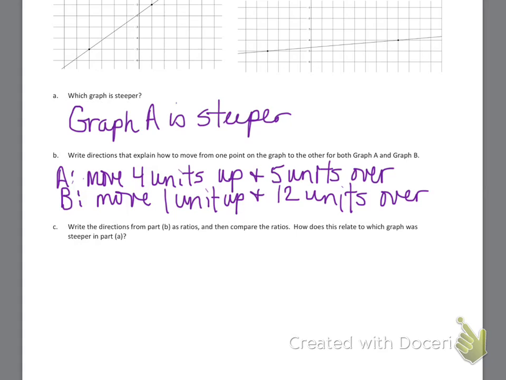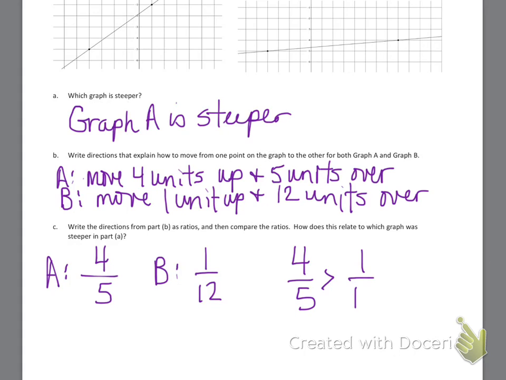Okay, now we're going to write the directions from part B as ratios. So for graph A, we would have a ratio of 4 units up to 5 units over. For graph B, we would have 1 unit up and 12 units over. So these ratios, 4/5 is greater than 1/12.